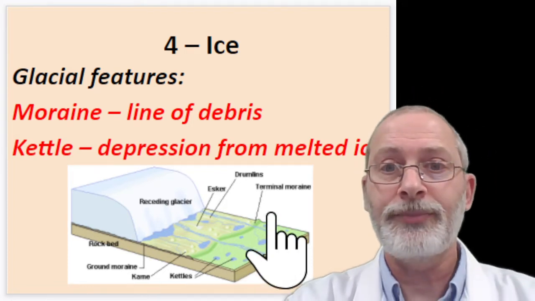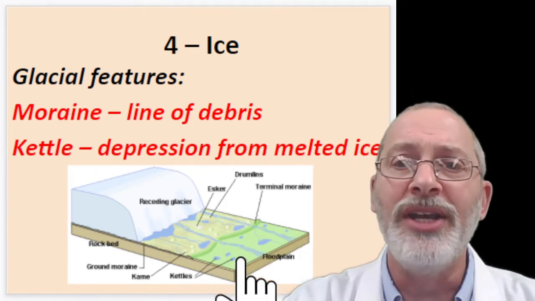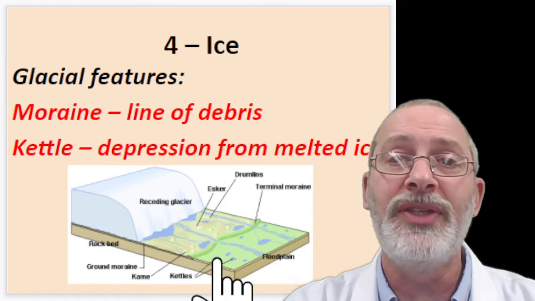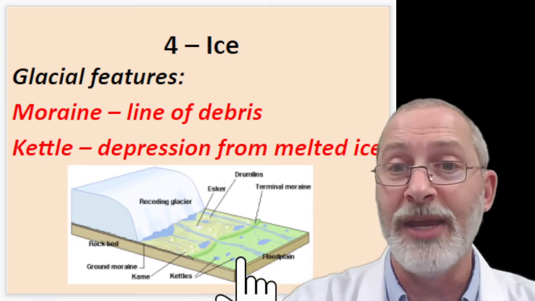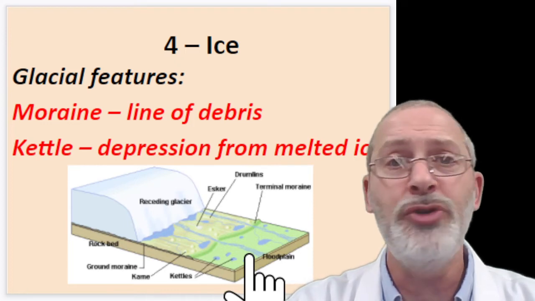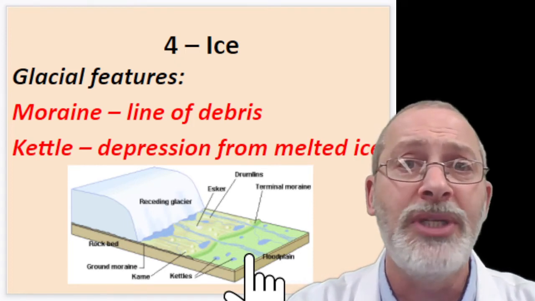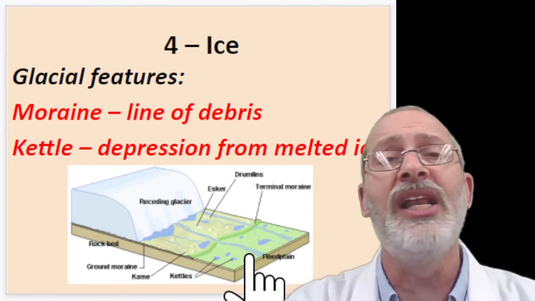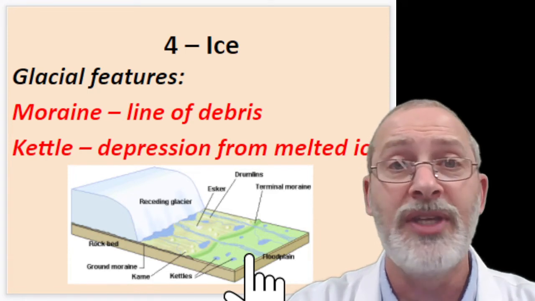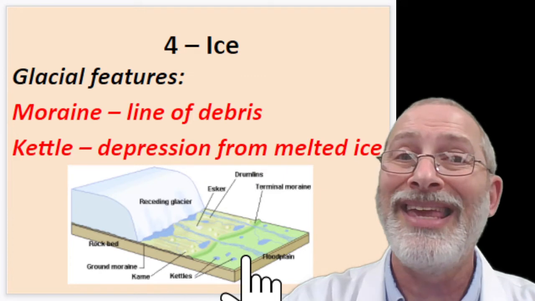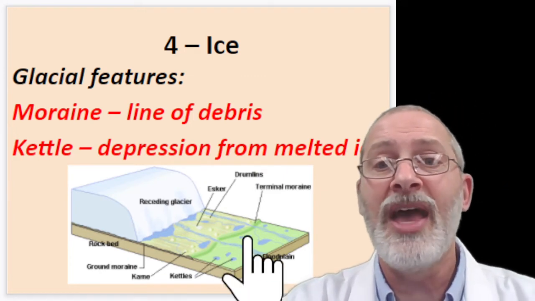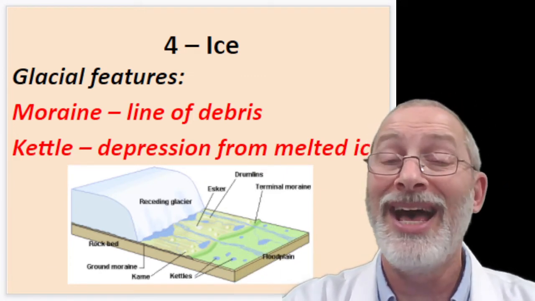Kettles. Kettles are depressions from melted ice that are deep enough to be below the water table. They create ponds. If you drive around Warren County here where we live, you'll see lots and lots of ponds, typically in farmland. Many of those are old kettle ponds that formed during the last ice age.